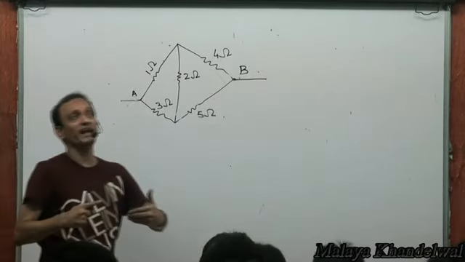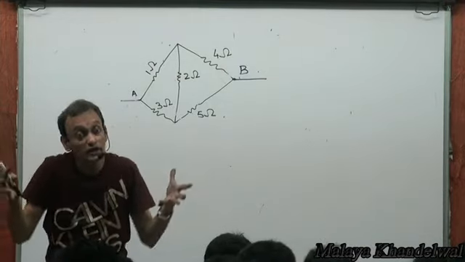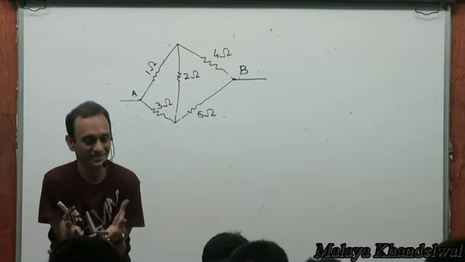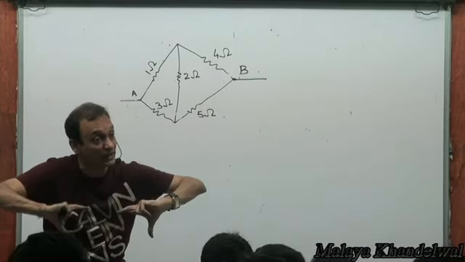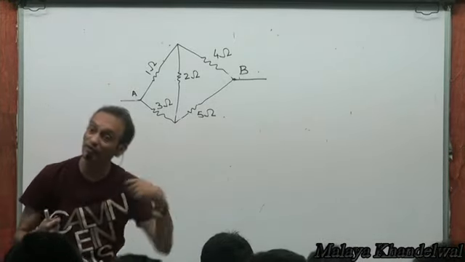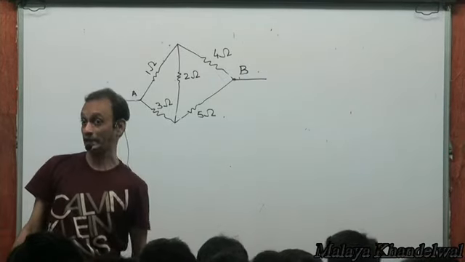When I say I'm seeking resistance between A and B, that means I'm seeking to connect a battery across those 2 points. That means one of the points is connected to the positive terminal of the battery, the other one connected to the negative terminal of the battery.